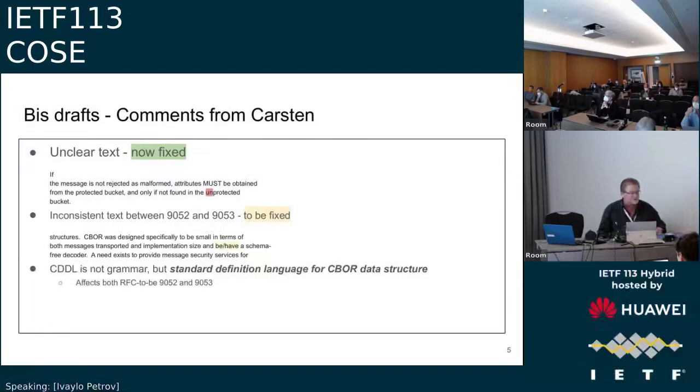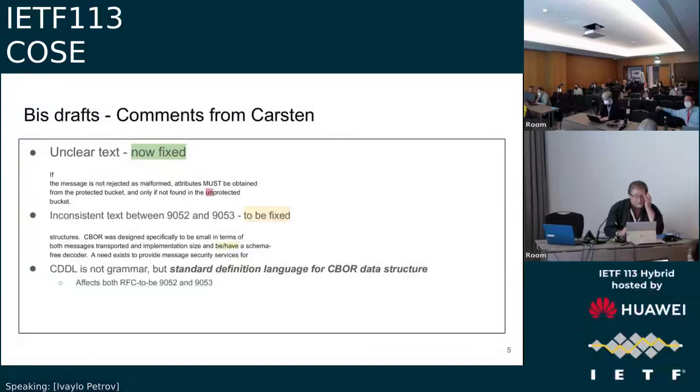And going forward, there were some comments from Karsten, and the first one has already been addressed. There was some text that didn't make sense in its state, but now it's fixed. Then there is an update that was done in 9052 and not in 9053 documents, so we would need to make them consistent.